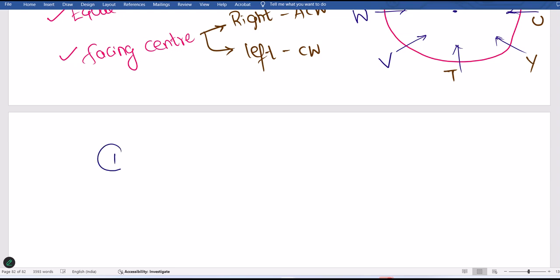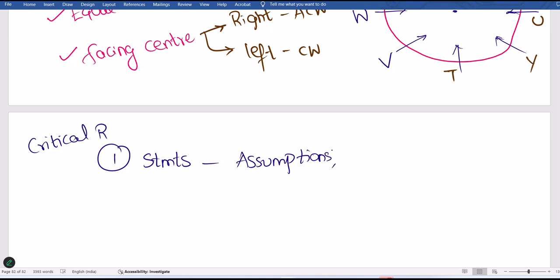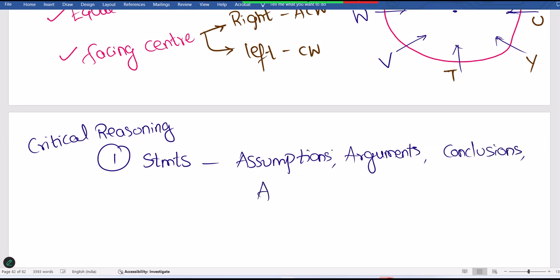First one, statements and conclusions, statements and assumptions, actions, statements and assumptions. This is all you can observe in critical reasoning. In critical reasoning generally, the focus is on statements and assumptions, statements and arguments, statements and conclusions, statements and courses of action, syllogism concept.